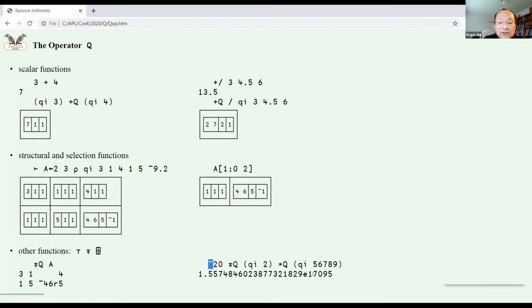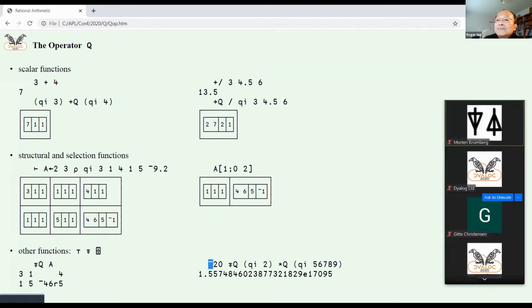So here we have 2 to the power 5, 6, 7, 8, 9 with only the first 20 digits displayed. It's a lot of digits if I display the whole thing.